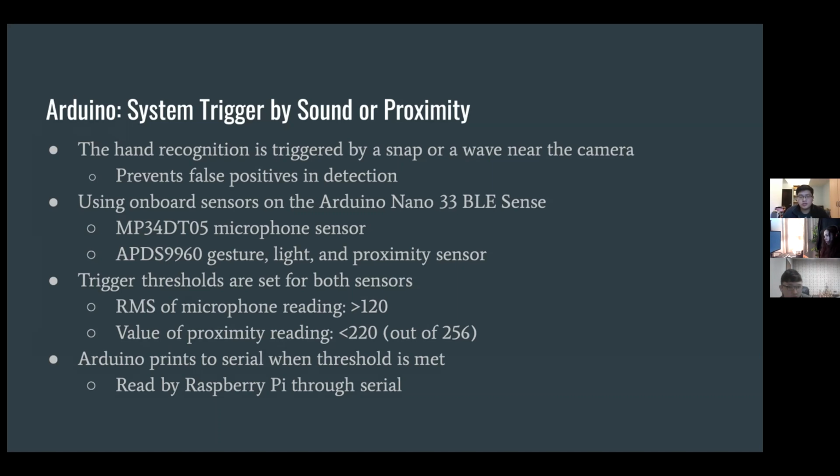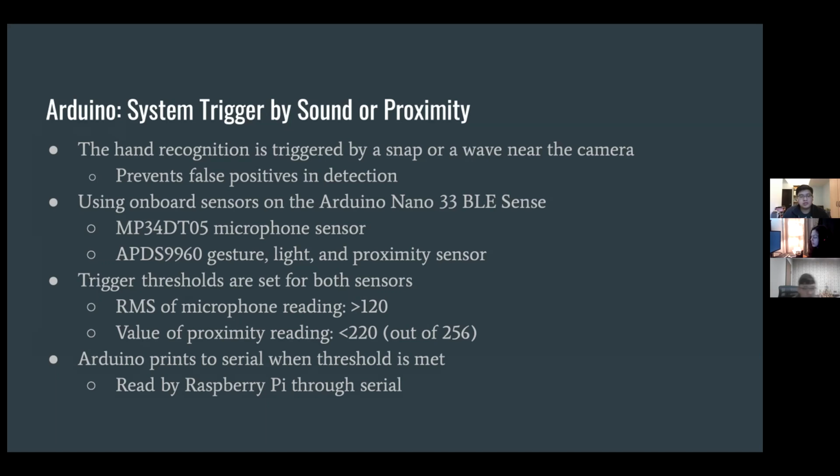For the microphone sensor, we calculate the RMS, the root mean square, of the microphone reading, which enables us to filter out spikes in the sound we receive. If this average value is over 120, then there has probably been a snap, and not just music or a video playing out loud.